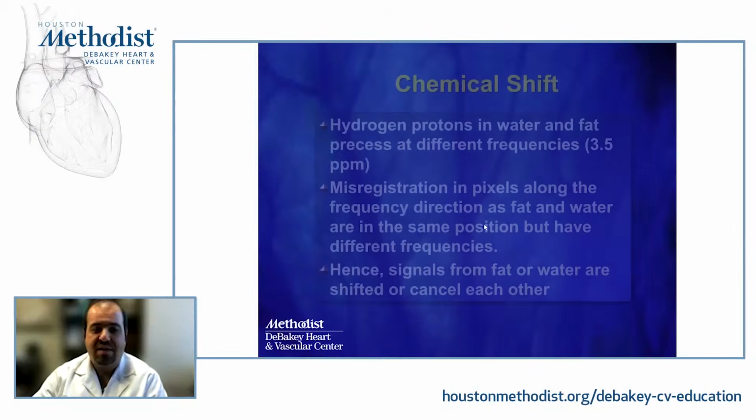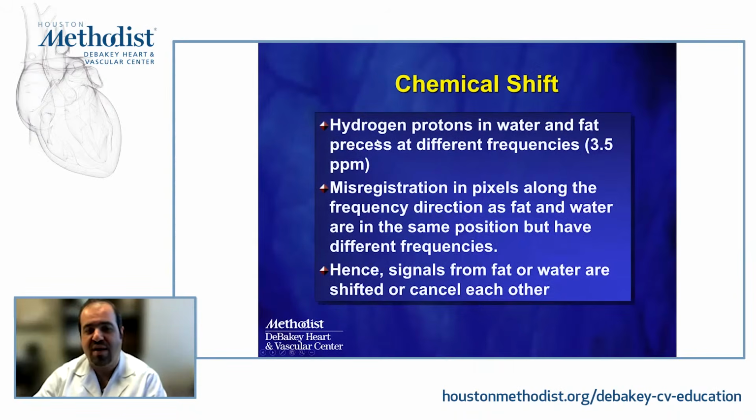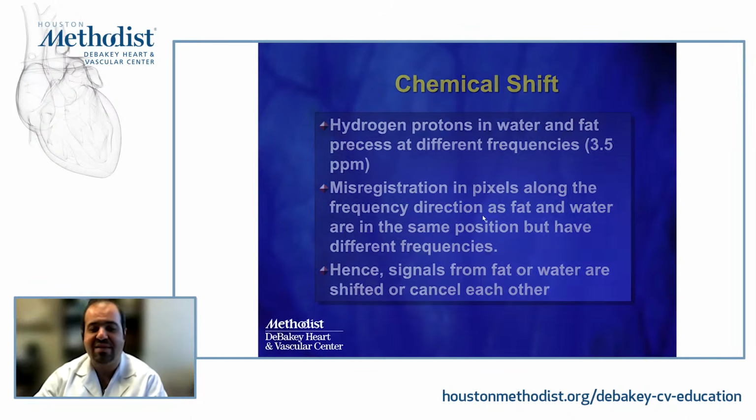The chemical shift artifact occurs because of hydrogen protons in the water and fat. They typically have different precession frequencies by 3.5 parts per million. And what can happen is that along the frequency encoding direction, because these fat and water spins are going to have different frequencies, although they could be in the same position, you can have a signal loss by which the signals from the fat and water are going to be shifted or they cancel each other.